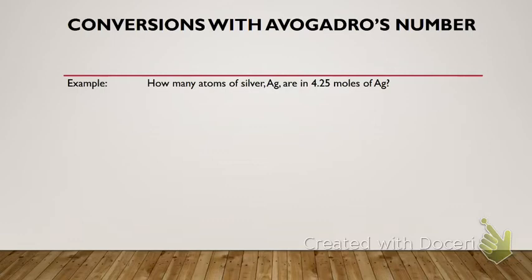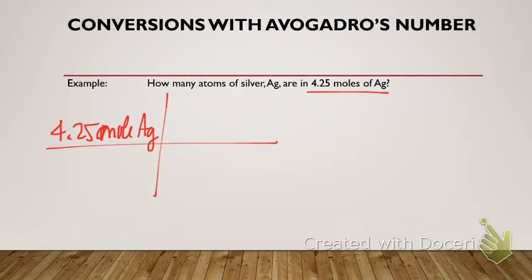All right, now we're going to talk about atoms, and not that atom. Okay? So we have 4.25 moles of silver. We want to get rid of silver, so where does it go? Mole of silver on the bottom.